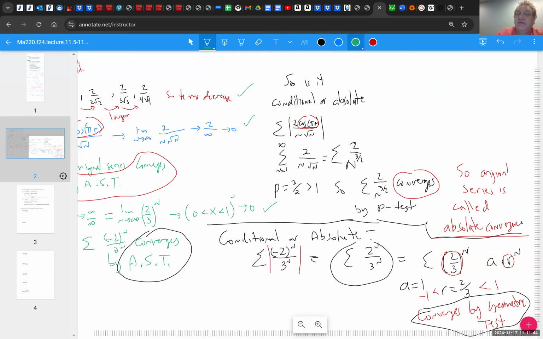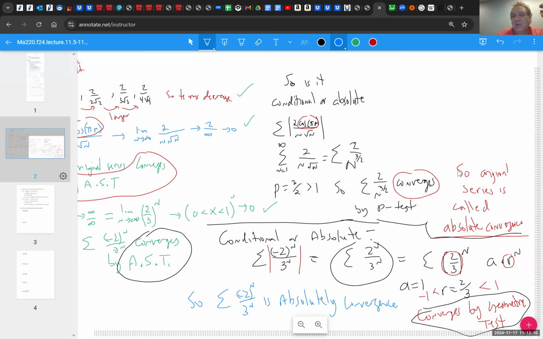So therefore we call this absolutely convergent. So our original series is, I'll write the verb there, is absolutely convergent.